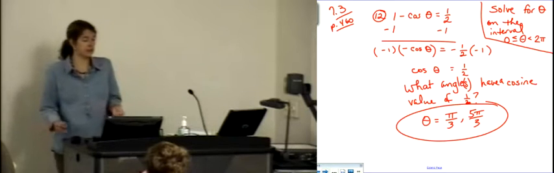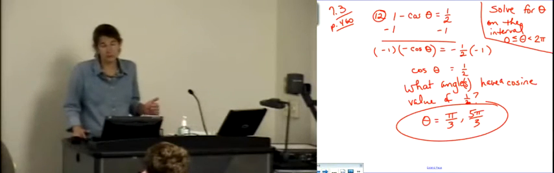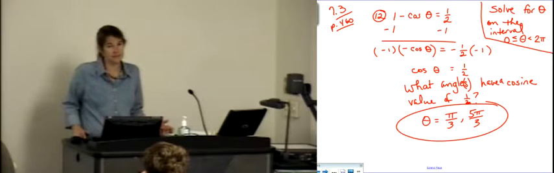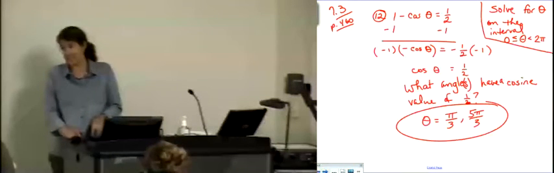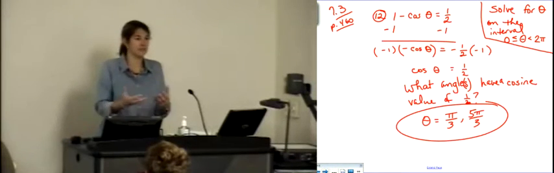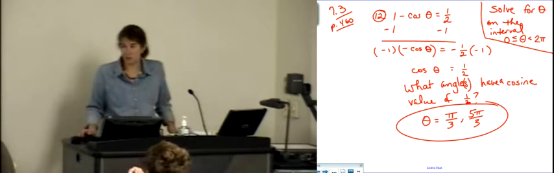If they just threw the question out there that said inverse cosine of 1/2, now you're only looking from 0 to pi. See the difference in the two questions? One, you're solving an equation for all possibilities. The other, they're just throwing out, you want the inverse function, so you're only looking from 0 to pi. Okay.